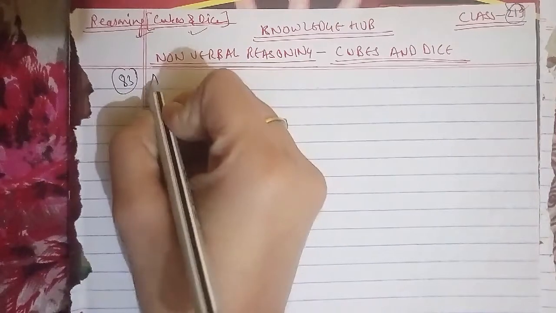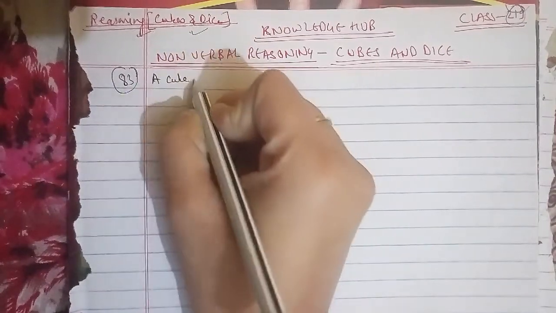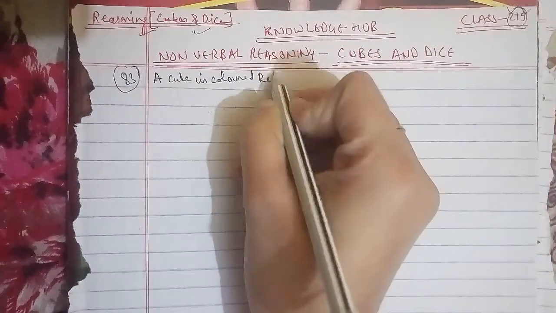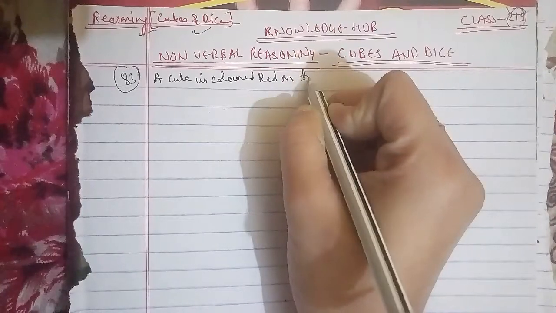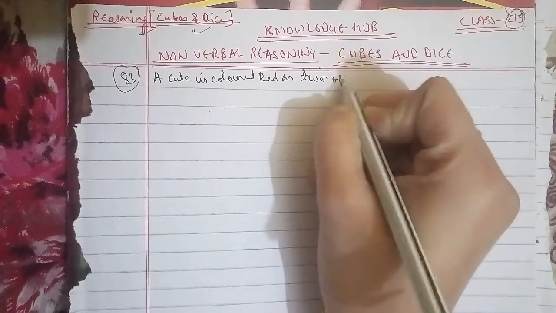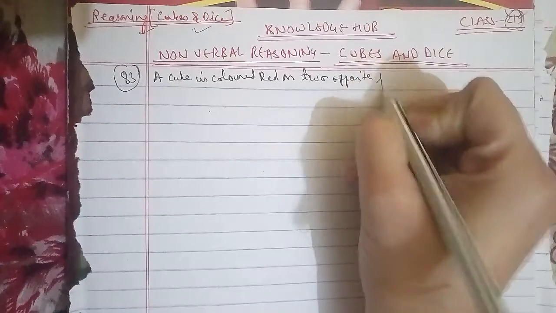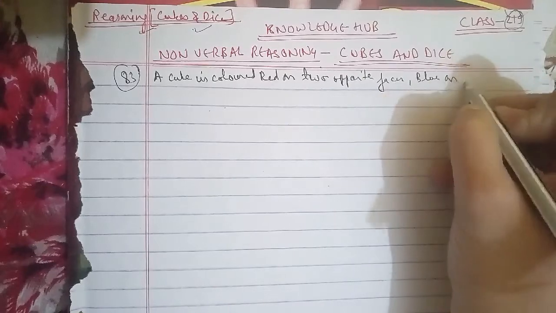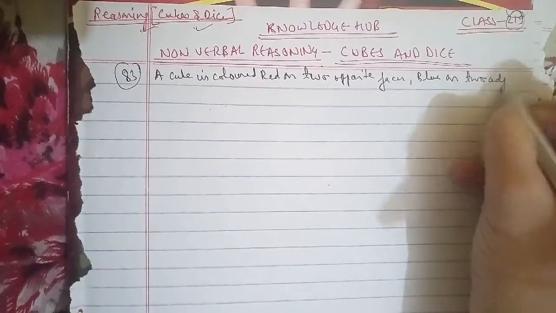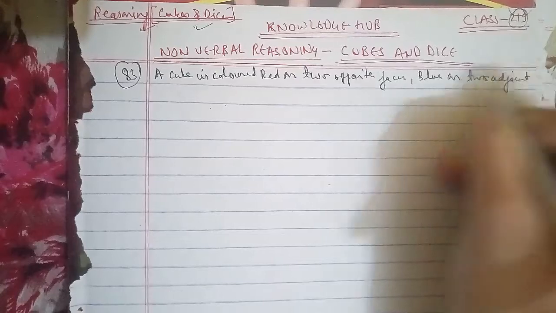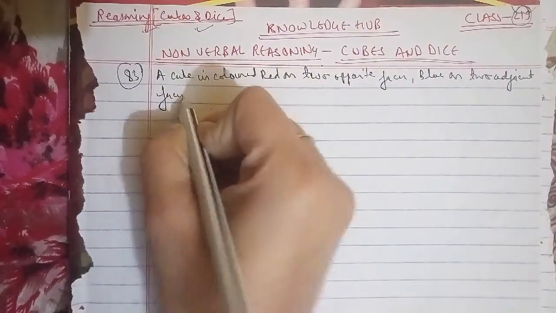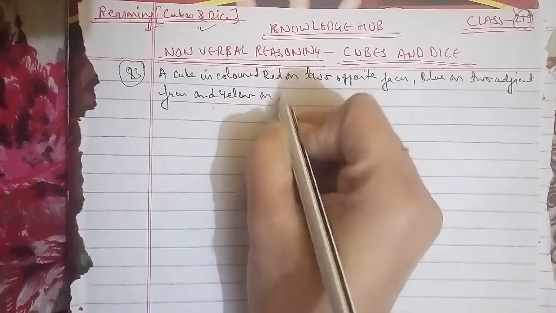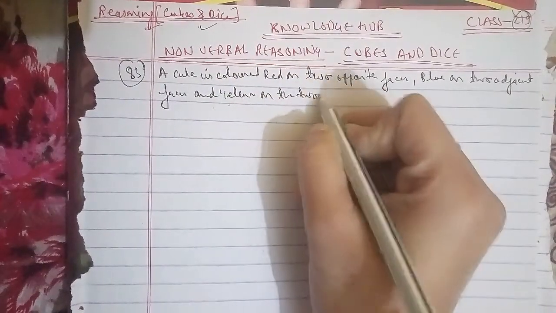A cube is colored red on two opposite faces, blue on two adjacent faces, and yellow on the two remaining faces.